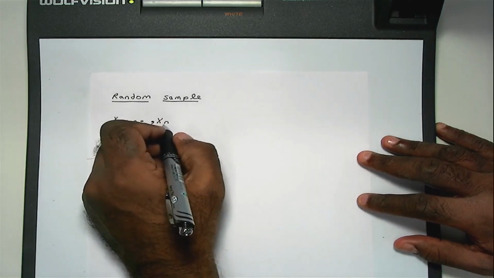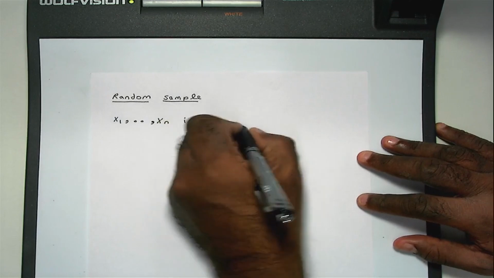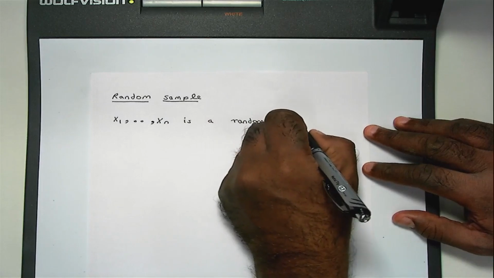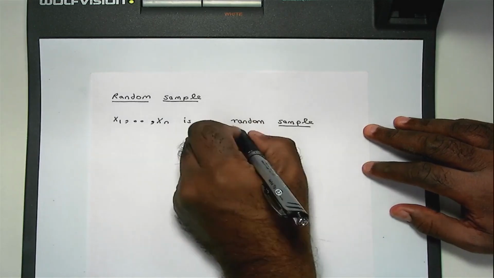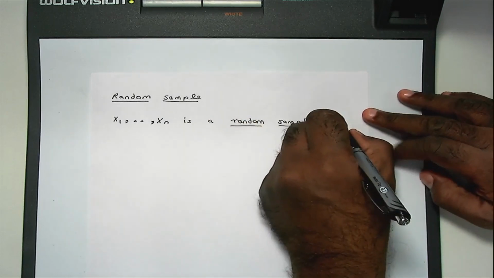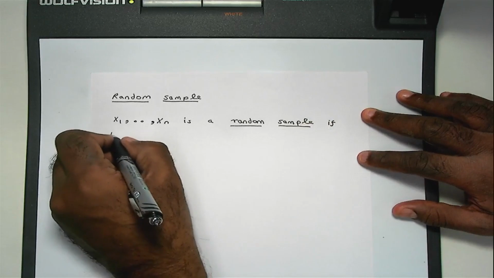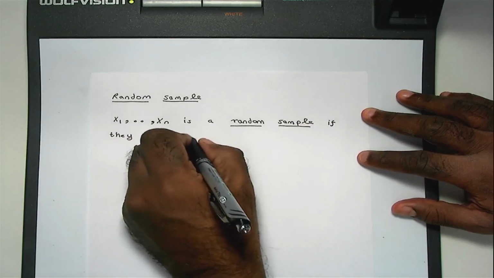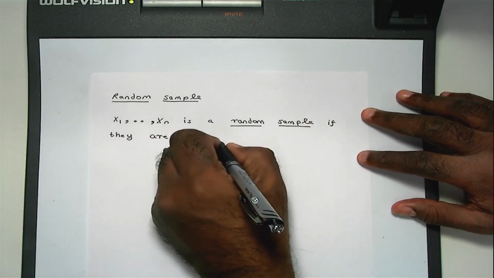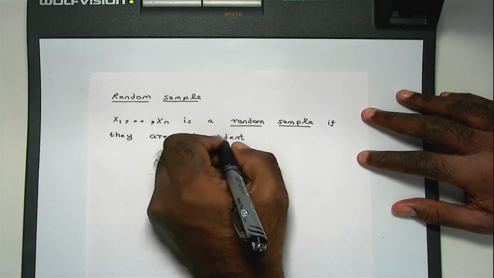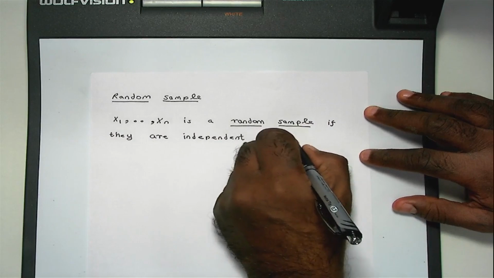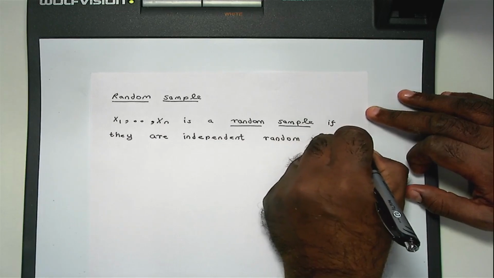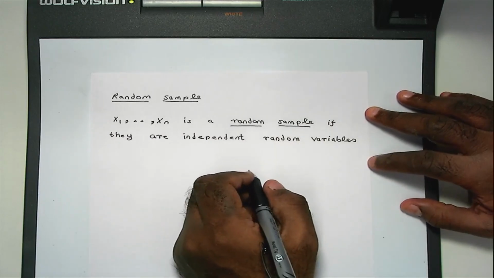They are said to be a random sample if they are independent random variables and follow the same distribution.